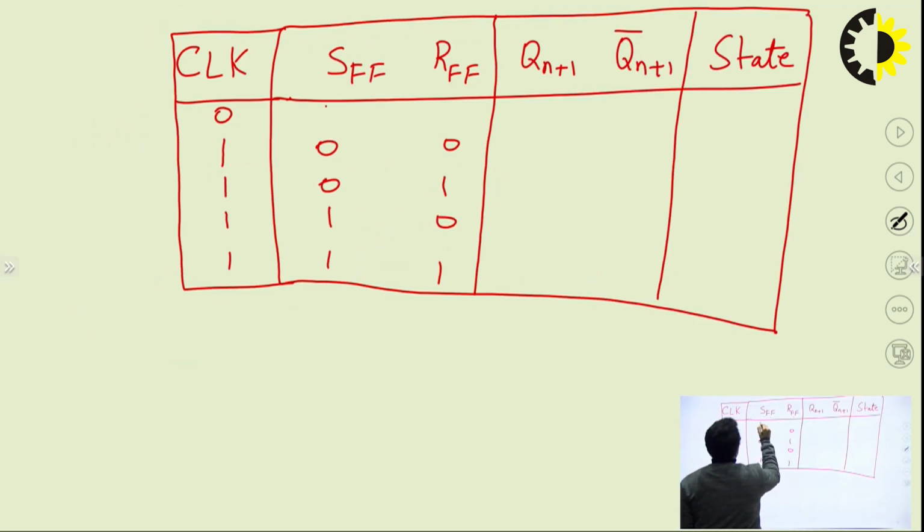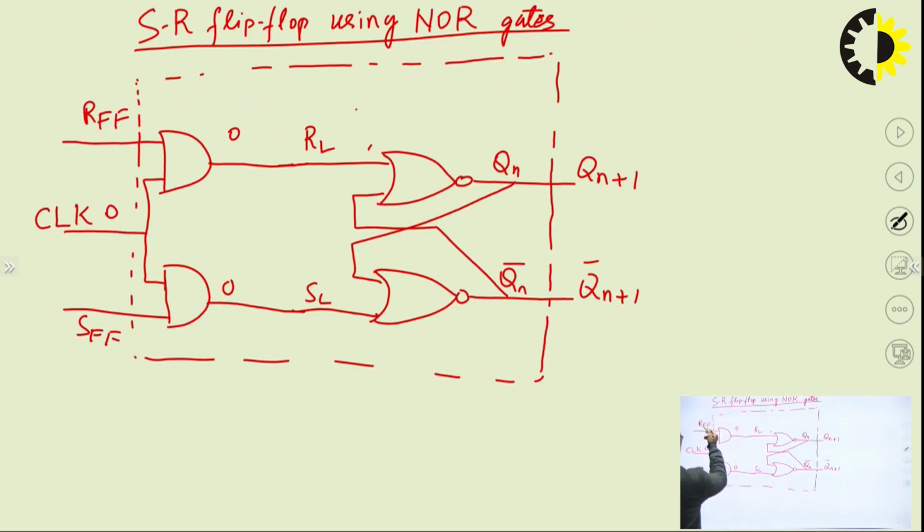Irrespective of the input value, even if you are providing 1 1 to the R and S terminals, or providing 1 0 or 0 1, it is immaterial, because one of the inputs is always at the 0 state, so the product will be 0. So that is the meaning of this AND gate, that is the meaning of this entire fashion in which we have connected the clock circuitry.